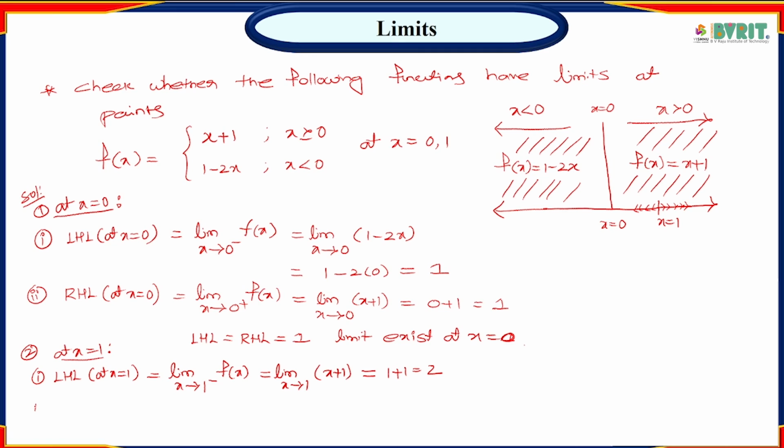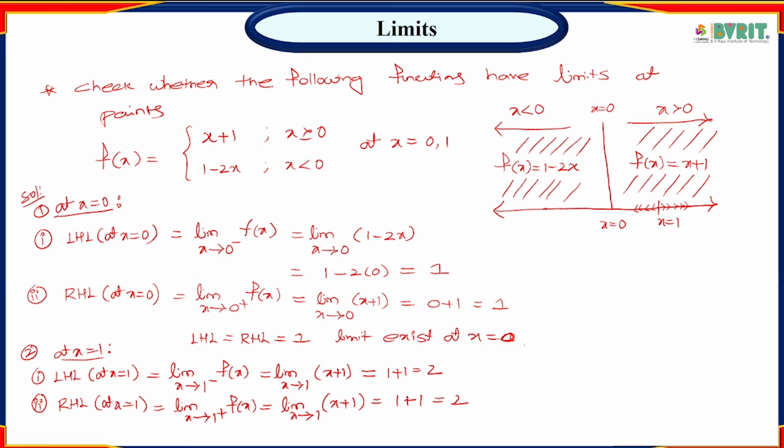Now the second one is the right hand limit at x is equal to 1, which is limit x tends to 1 plus f of x, equal to limit x tends to 1 of x plus 1, which is 1 plus 1, equal to 2.